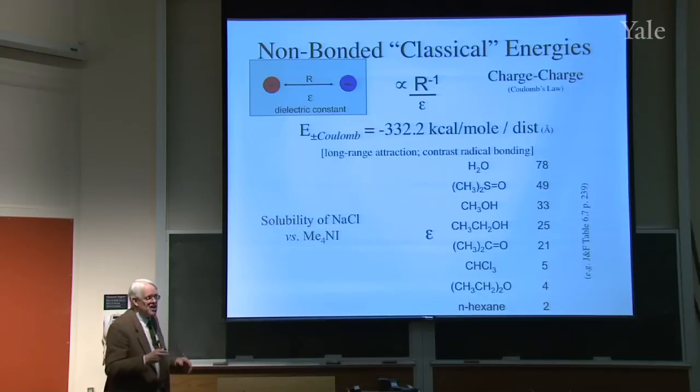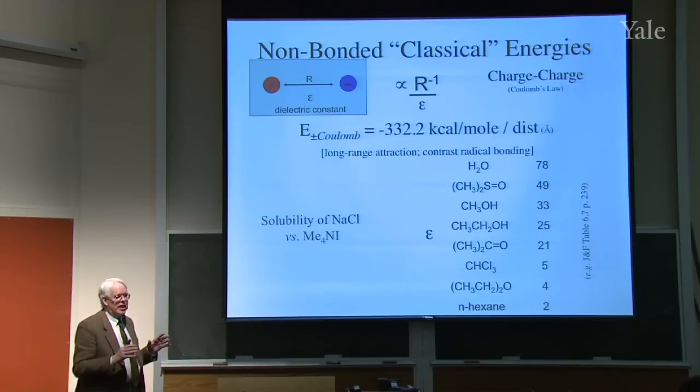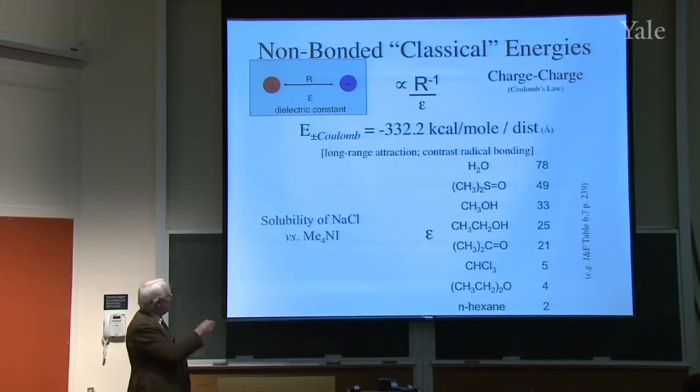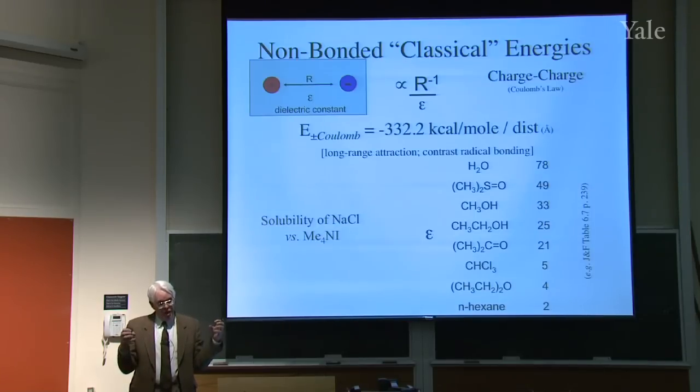Now, this has to do with things like the solubility or the melting point of salts like sodium chloride or tetramethyl ammonium iodide. Notice that these ions are rather small, so the charges are close together. But these ions are big, so they're substantially further apart. And that's going to make an enormous difference when you start to pull them apart, right?